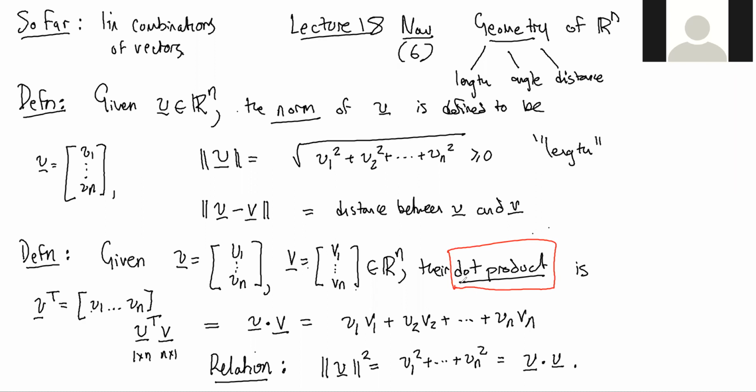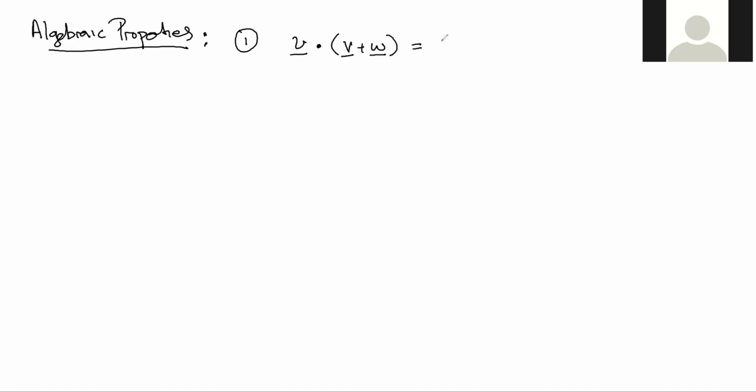So okay, this just looks like some algebraic operation. What nice properties does it have? So let's look at the properties. We can easily check from the definition. One is that it has this distributive property. So u dot (v plus w) is u dot v plus u dot w.